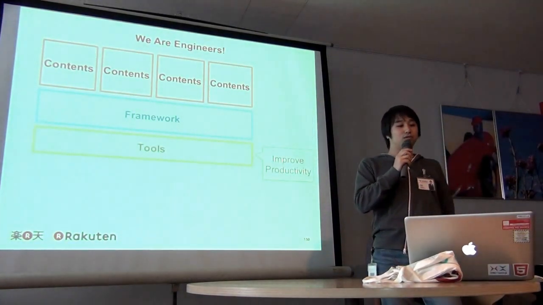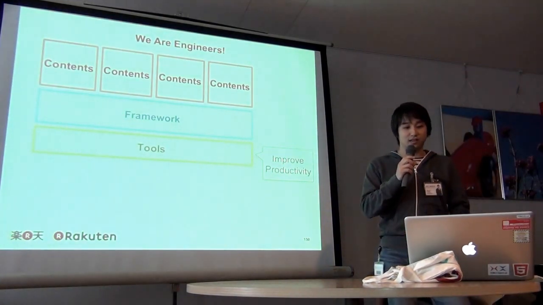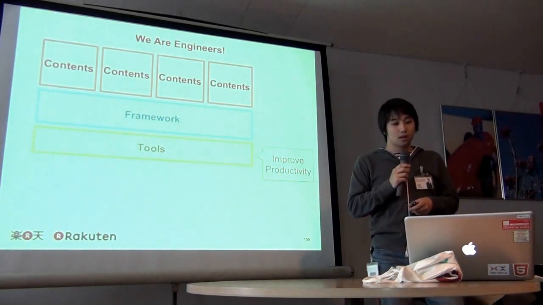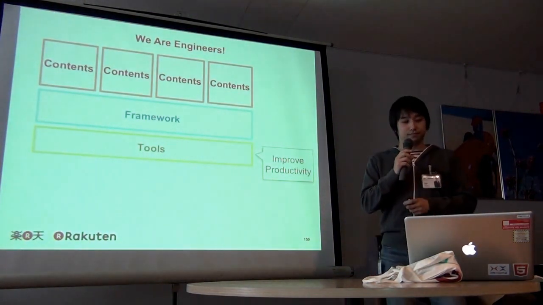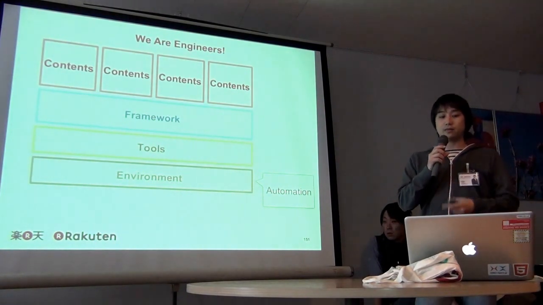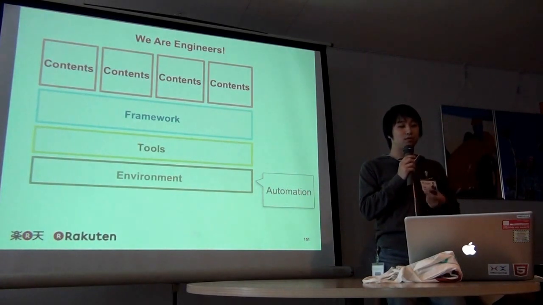And we would like to prepare tools like HTML5 Boilerplate and Initializr, which is a famous template generator, to improve our productivity. And we should prepare the development environment to execute, build, test, and deploy automatically.